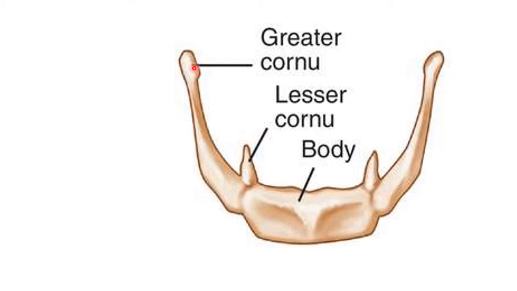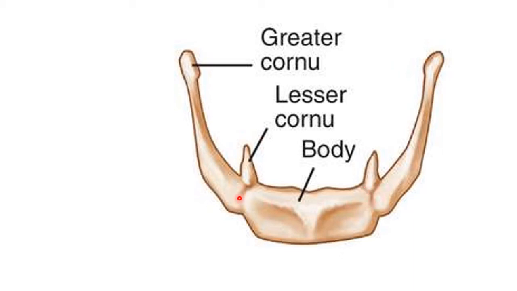Now we will discuss the greater cornu or greater horn of the hyoid bone. Each greater cornu projects backward and upward from the side of the body.